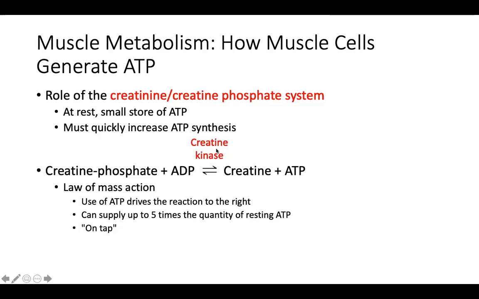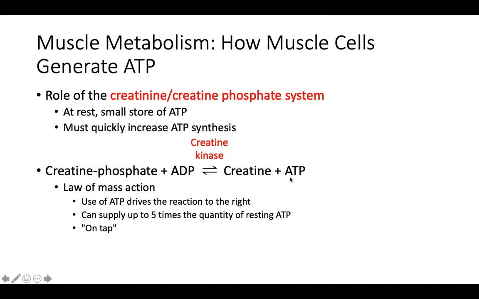Now, when we use up ATP, as I mentioned earlier, we generate more ADP and we drive our reaction towards the right. But then at the end of our muscle contraction, at the end of the need for this creatine phosphate system, we have our other processes that start warming up. So oxidative phosphorylation gets going, anaerobic glycolysis gets going, and we start to make more ATP.